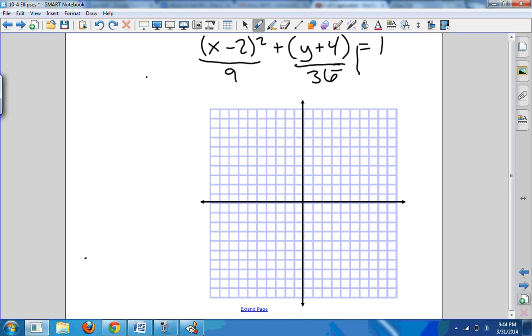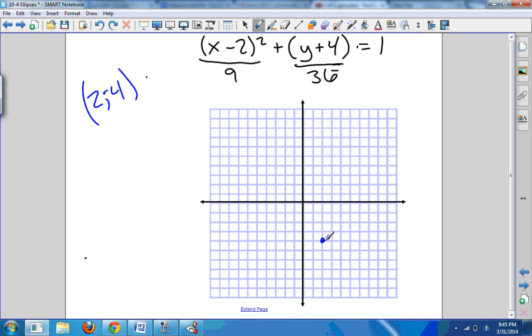So here we have an equation. Let me get rid of some of this stuff. We have an equation. The center is going to be at 2, negative 4. Over 2, down 1, 2, 3, 4.